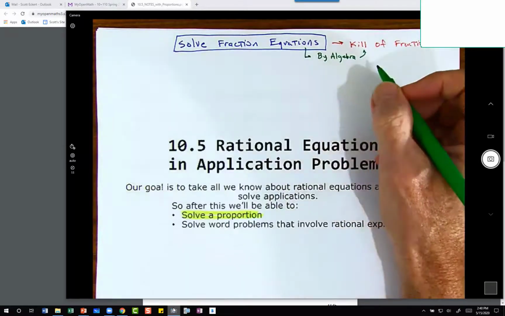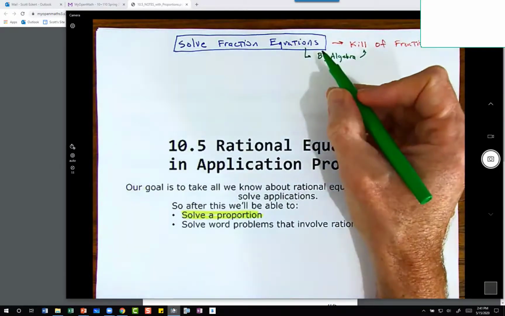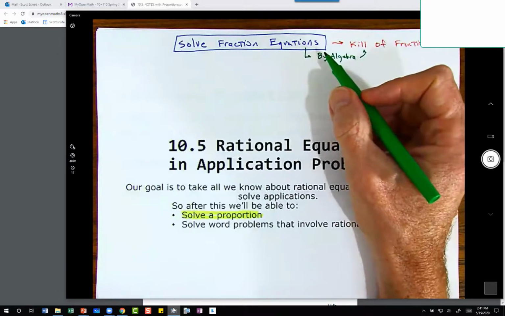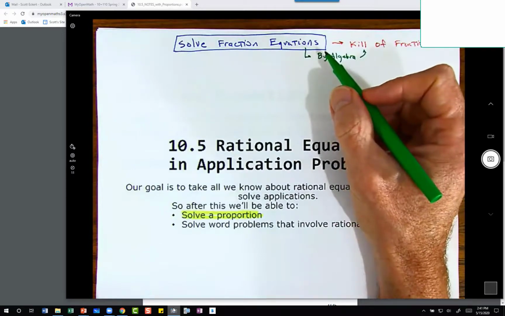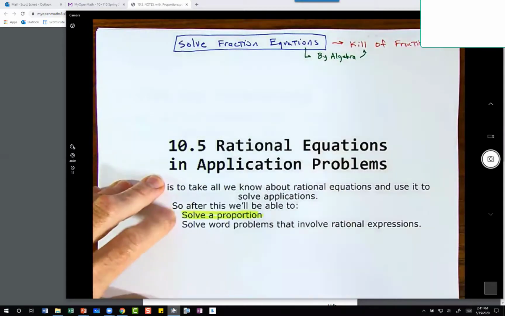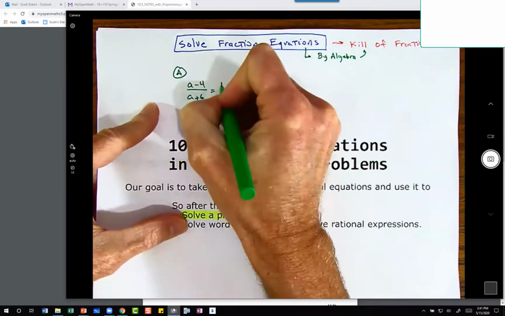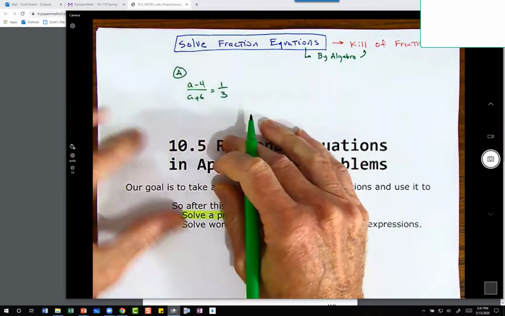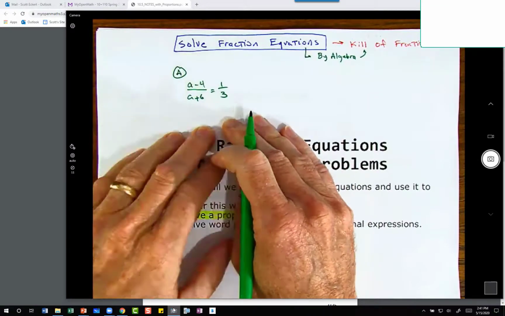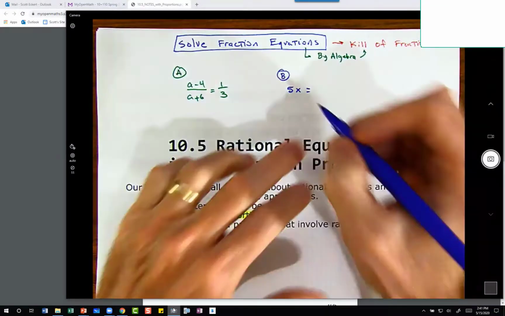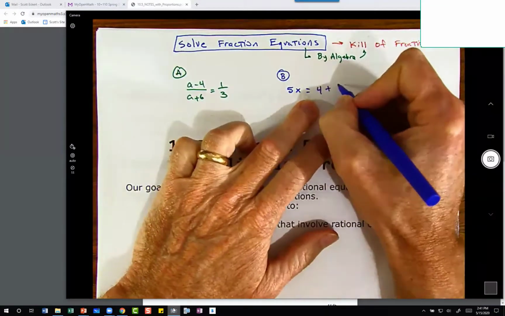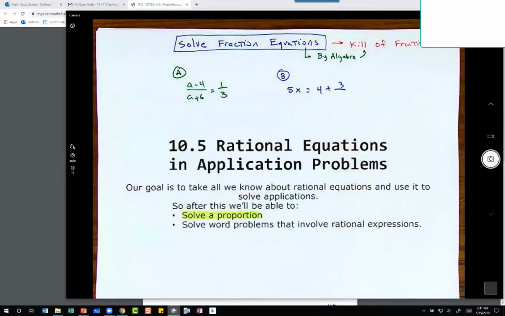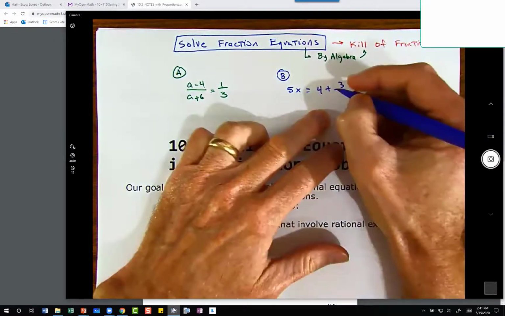Okay, now it turns out these fraction equations, there are 2 kinds, easy kinds and hard kinds. I'm going to write down 2 kinds. Notice fraction equation, 4 plus 3 over x minus 4.